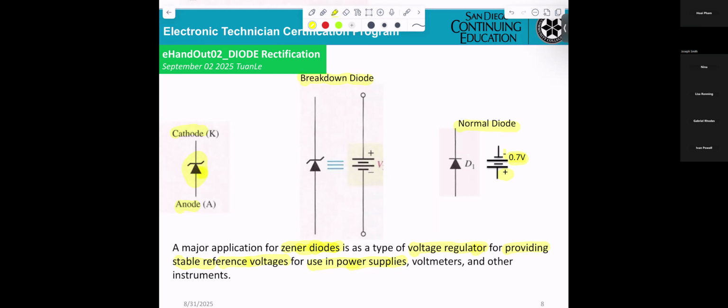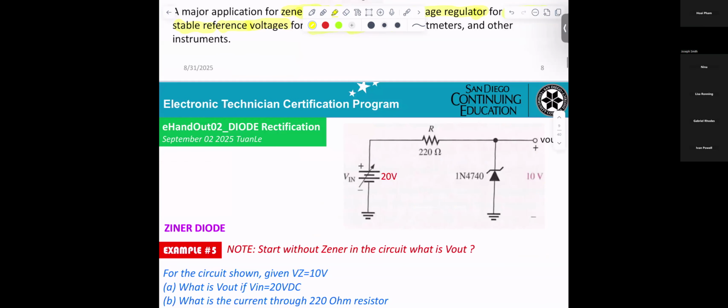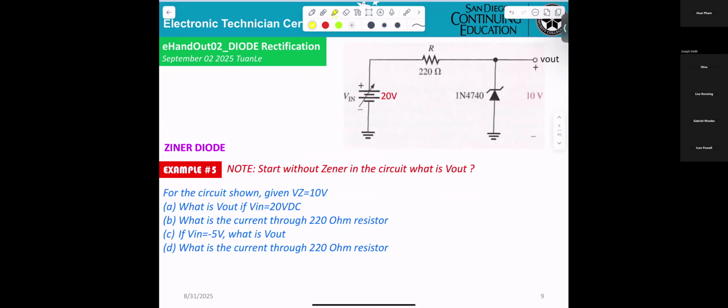If you have questions, let me know. Now, for this circuitry, you have a Zener here, and a Zener voltage of 10 volts.